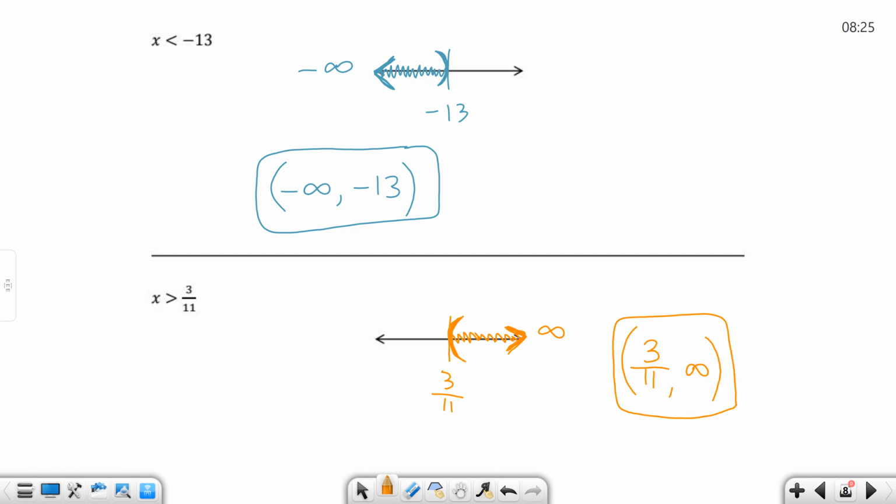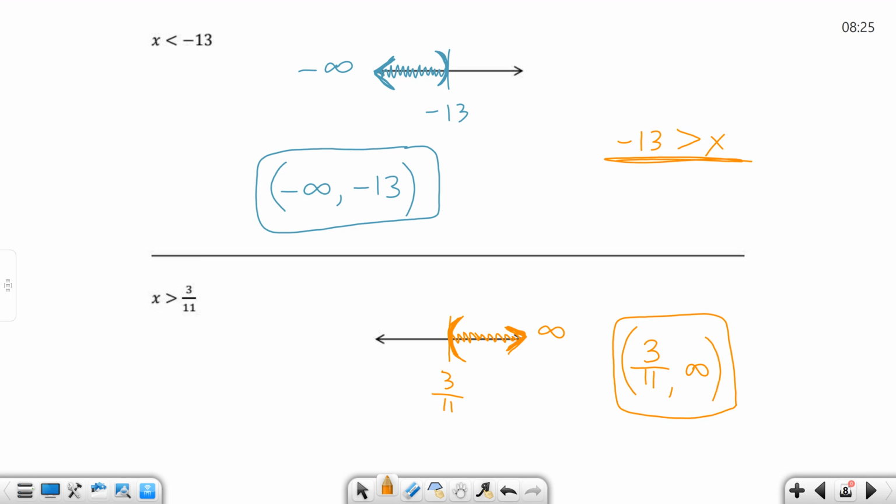It's so much easier for me to think about, oh, x is less than negative 13. What if I wrote it this way? If I wrote it this way, what's the alligator eating? The alligator's eating the negative 13, and that is so not proper math to say the alligator is eating something. But the alligator is about to eat the negative 13. So if I do that, that means it's got to be this way because the alligator's got to eat the negative 13. So then this is negative 13 is greater than x is how you read that one.